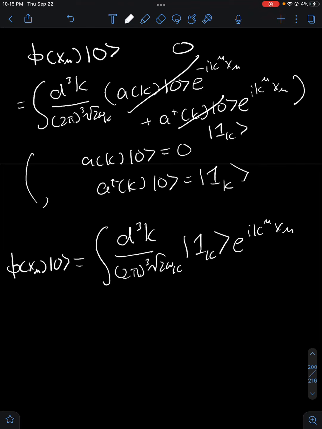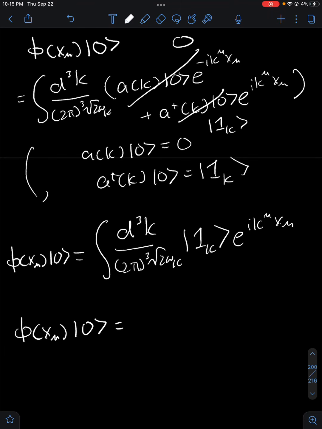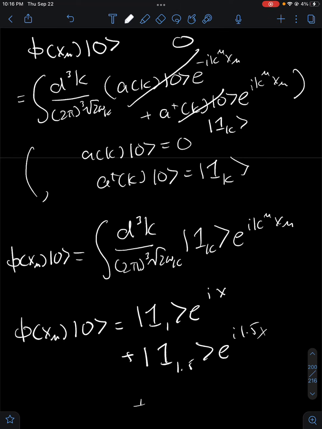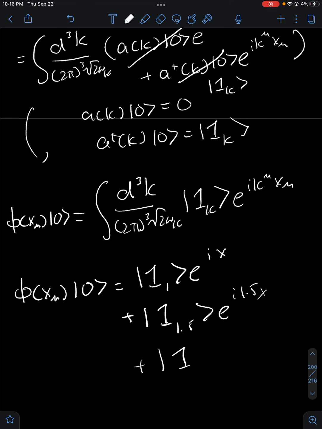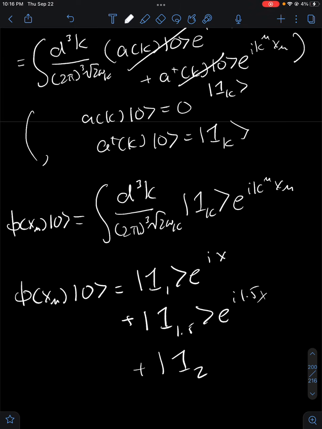We're saying that our field acting on the vacuum state is like the momentum eigenstate for when the momentum equals k1, times e to the i k1 x, let's just use x here to be sloppy, plus the momentum eigenstate with momentum k2 times e to the i k2 x.